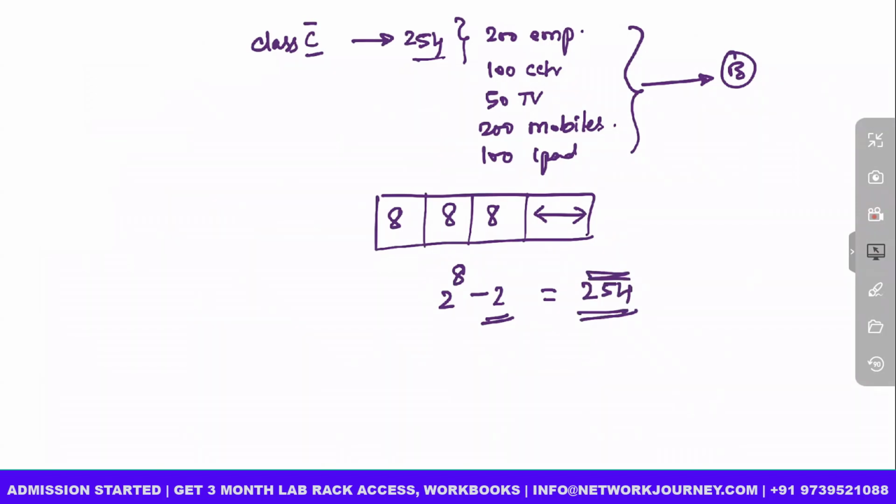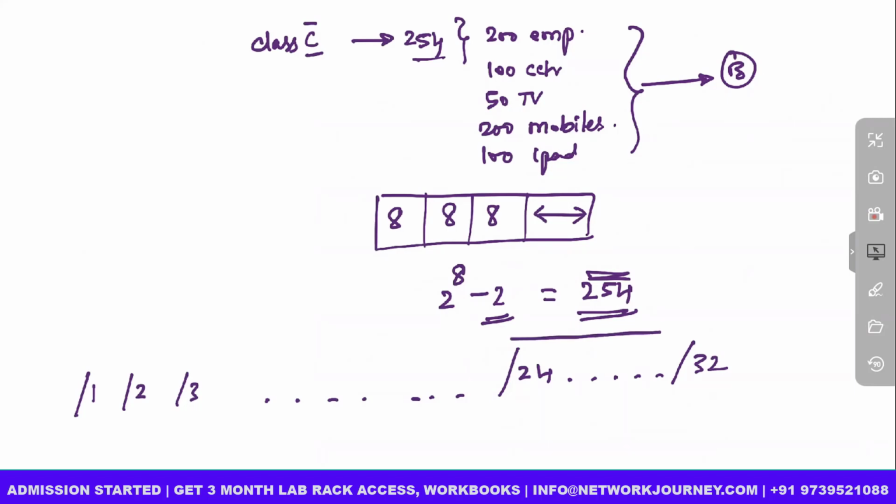Okay, which is where you start feeling a problem. You can also write it in this way: /1, /2, /3, let's say /24, and /32. So class C doesn't mean it is /24. It is all the way till this. This is class C. So your IP can be in this range.